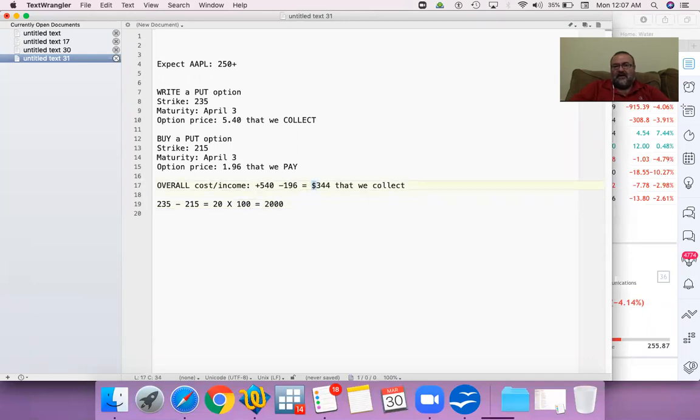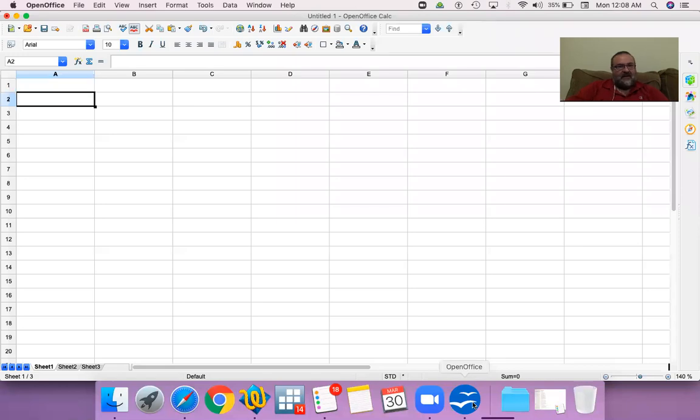So we are getting $344 income by taking a risk of loss of $2,000. Let's take a look on a spreadsheet. We have a written put and a purchased put.